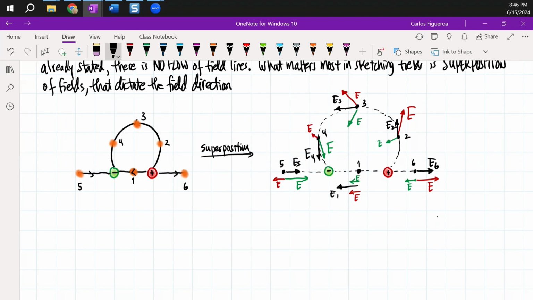Even if it appears that the source of the field starts with the positive charge and ends with the negative charge, that's not correct. Let me say that again.